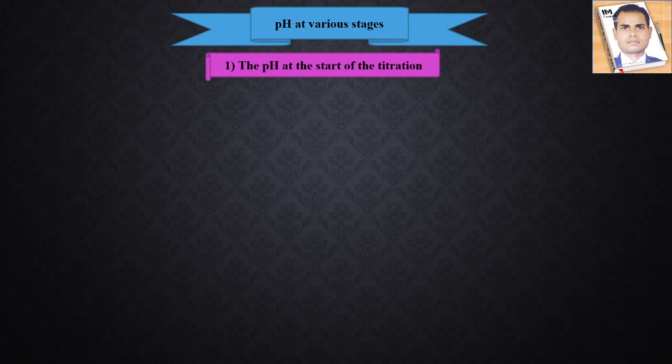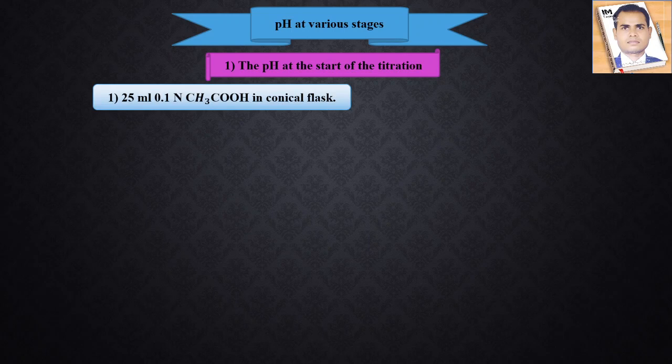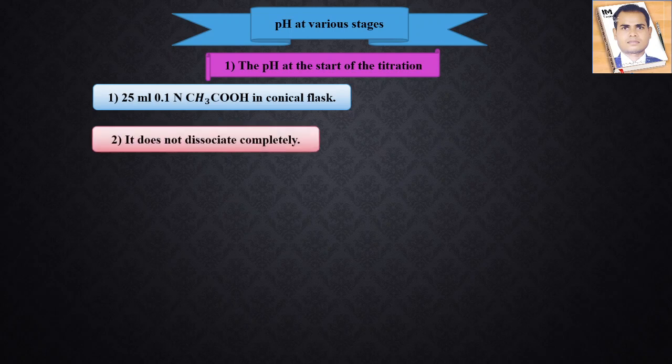Acetic acid is a weak electrolyte because it cannot dissociate completely. So if you take 25 ml of 0.1 normal acetic acid in a conical flask, what will be the pH for this kind of solution, given that it cannot dissociate completely.